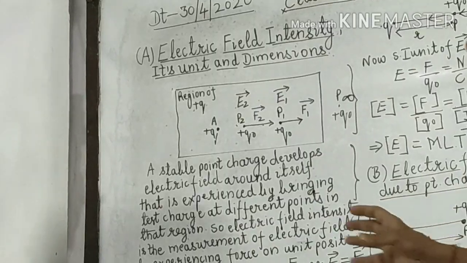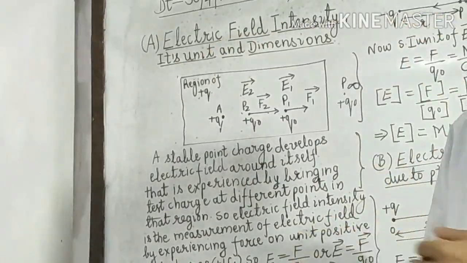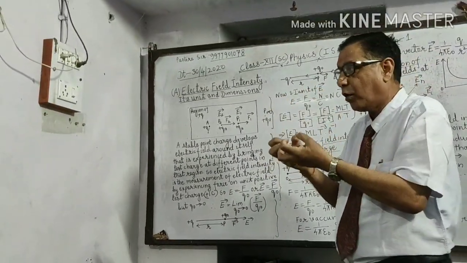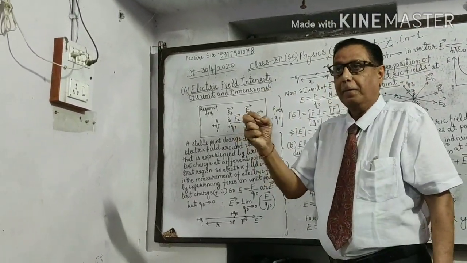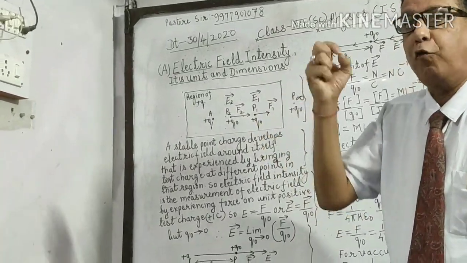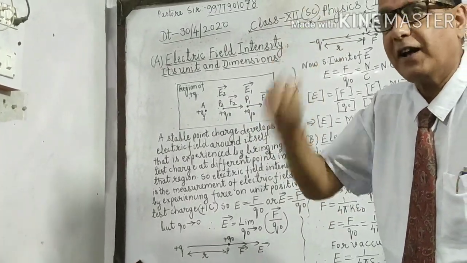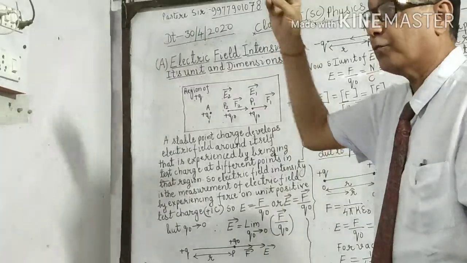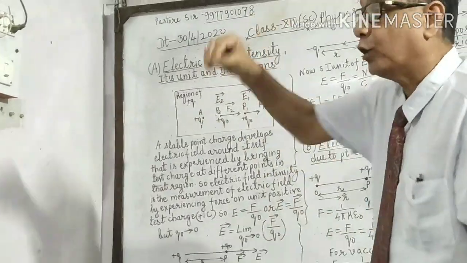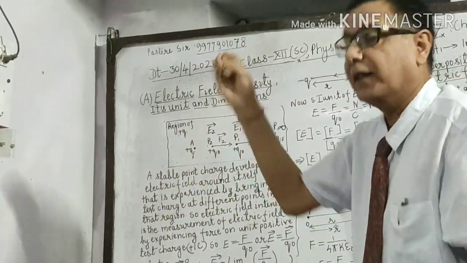Now, what is electric field intensity? Electric field intensity is actually the measurement of electric field by means of the force experienced by a test charge when that test charge is brought from infinity to that point in the region.